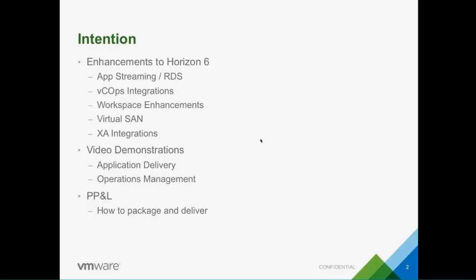We're going to look at some of the integrations into vCenter Operations Management, some of the new things we're doing with Horizon 6, and also the workspace enhancements, as well as what we're doing with things like Virtual SAN and XenApp integrations, et cetera.